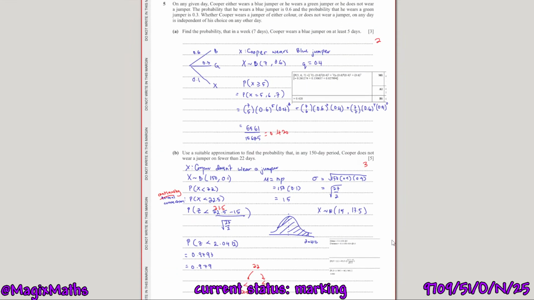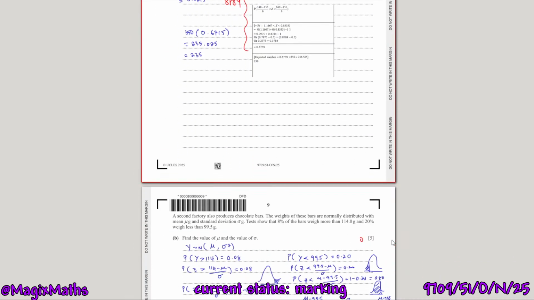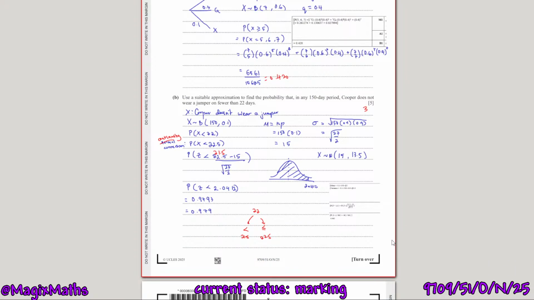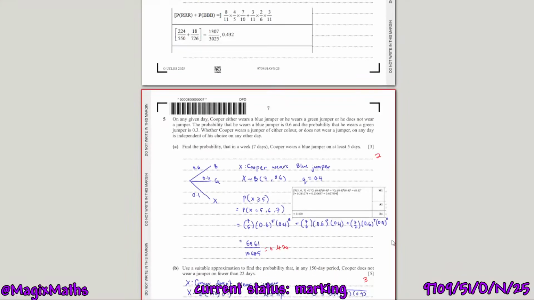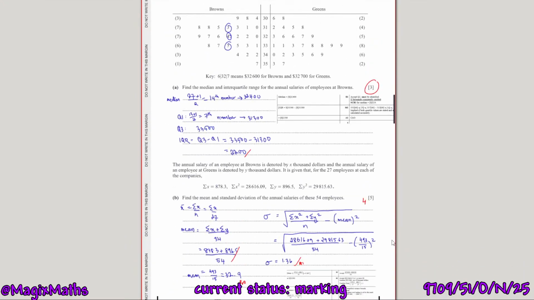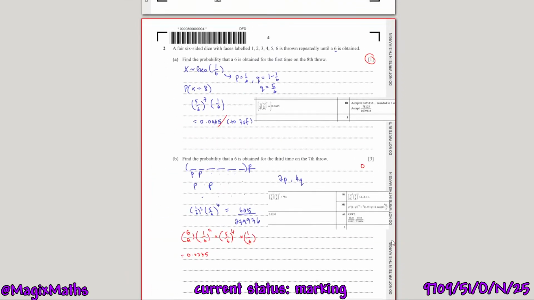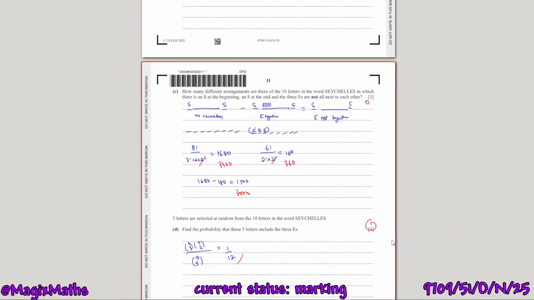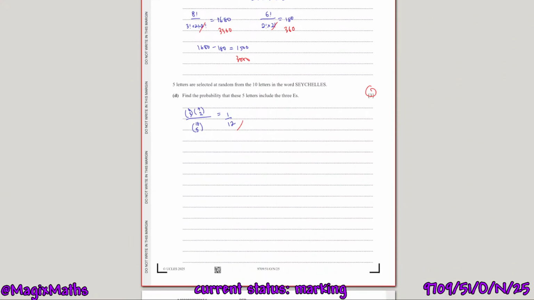I lost about 7 marks only just because I didn't read my table correctly. 7 marks, that would have been 35 at least. 35 would have gotten me a C. And so I should be careful for the next time.